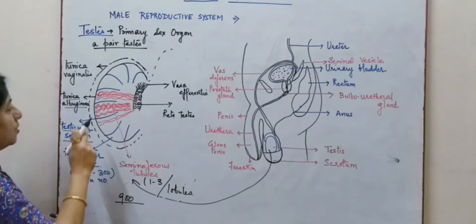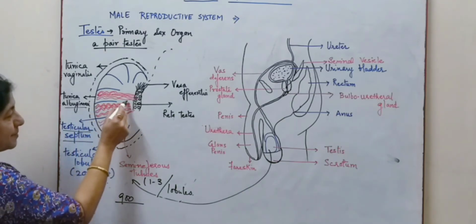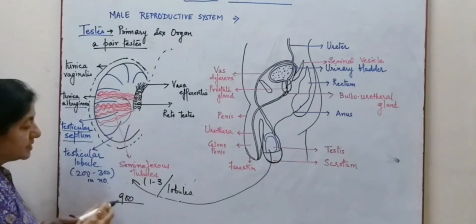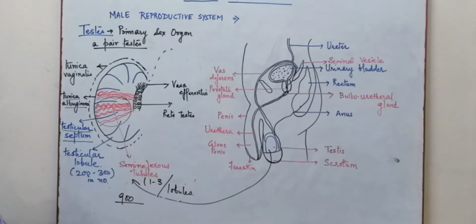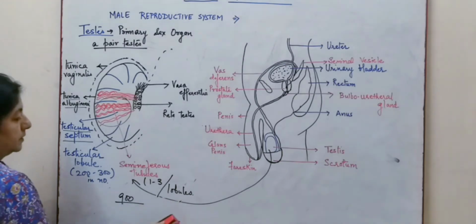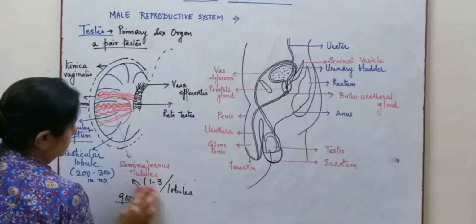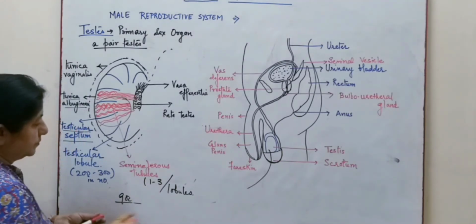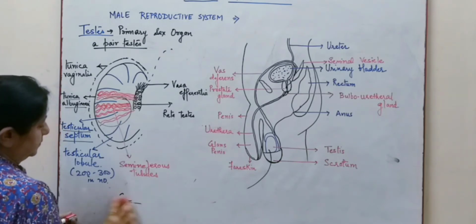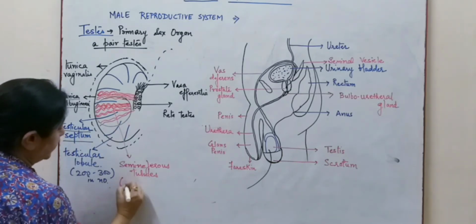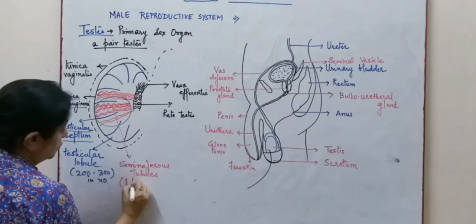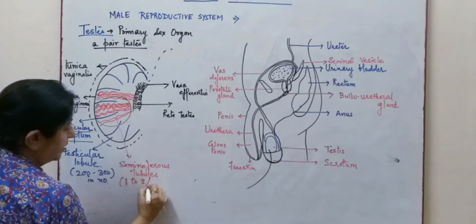sperms. Now if we study the seminiferous tubule, let me write 1, 2, 3 per lobule.